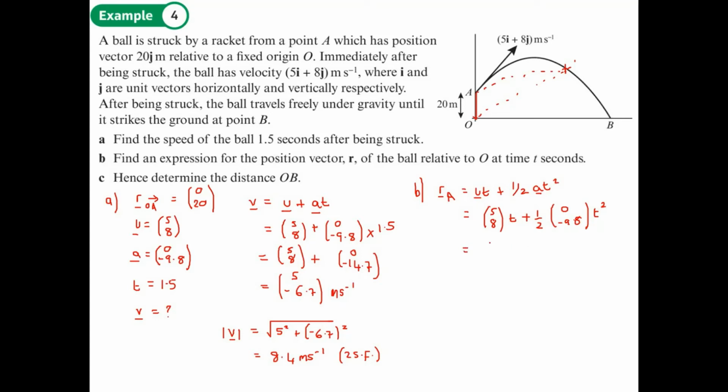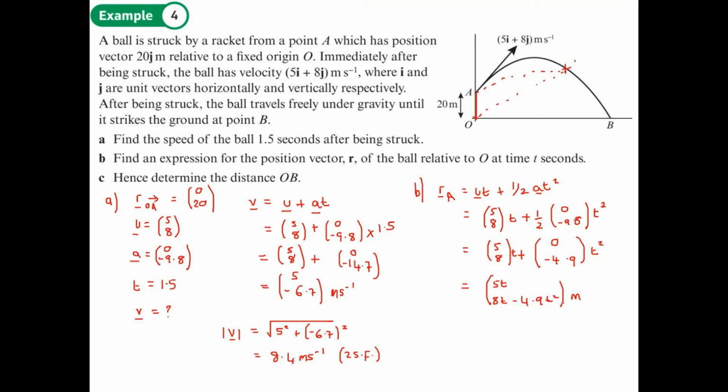So if I simplify that a tiny bit, I've got (5, 8)t plus (0, -4.9)t squared. So I just put that all together. I've got 5t on the top and then 8t minus 4.9t squared on the bottom. Okay, so that's the displacement relative to A.